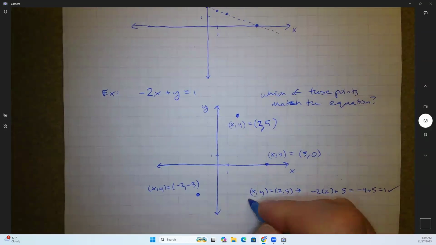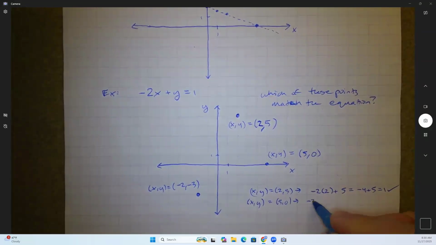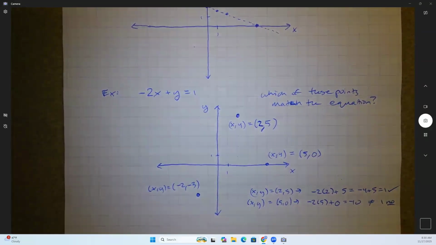Let's test the next one, the 5, 0. So I have -2 times 5 plus 0. Oh, that's -10. Doesn't equal 1, so that doesn't work. And if we test the last one, x, y equals -2 comma -3.